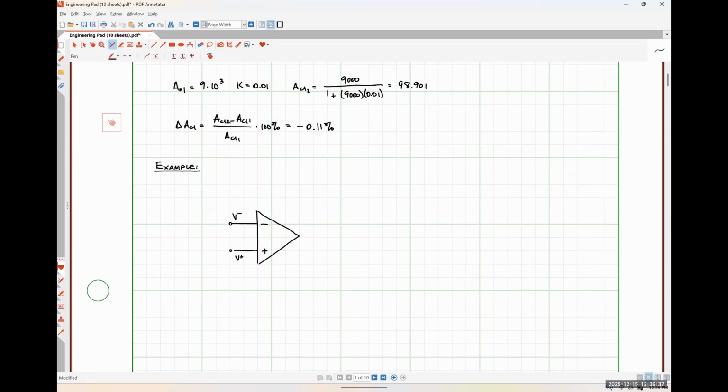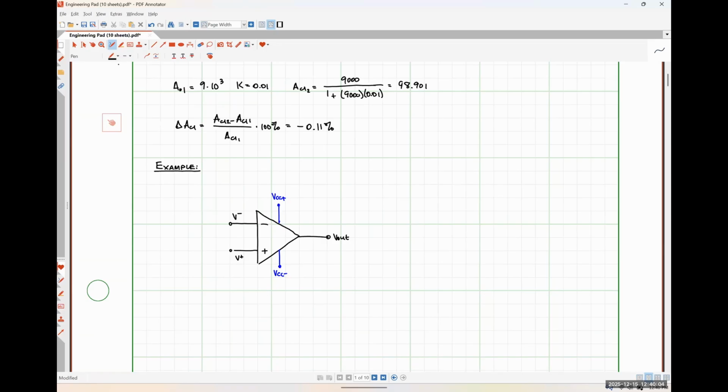This node right here will be V plus. Here's the node where I'm going to measure my output voltage. Again, here we'll have VCC plus, VCC minus.